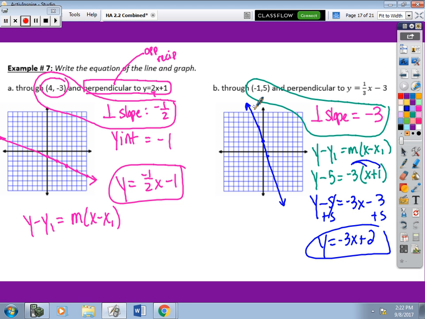For that one we should be getting y equals negative 3x plus 2. You can see I did it with point slope form this time instead of plotting the point and counting the slope. So a little bit more work for this one. People probably might like the graphing better. All the other examples I did on that second video, so if you need to see them when you're doing your homework or if you're struggling, just go click on the part 2 video and it's not as long as this one.